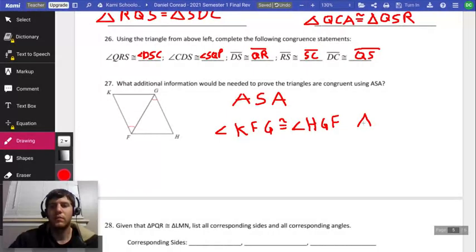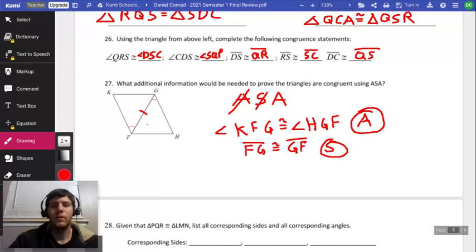Right, so that's a pair of angles. Okay, and then we have by the reflexive property that FG is congruent to FG or GF. Okay, that's a pair of sides.